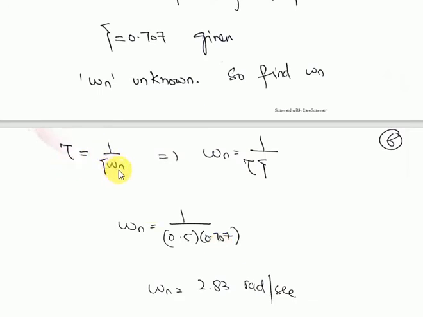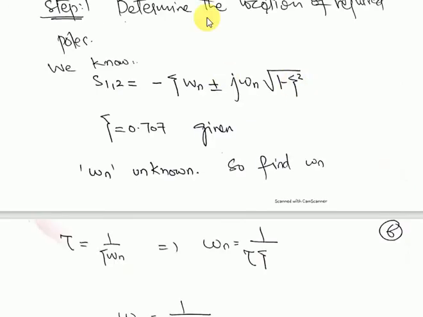This is also a formula from chapter number 4. And omega n is equal to 1 by tau into zeta. We have been given both zeta and tau values, so omega n is equal to 2.83 radians per second. Now we have omega as well as zeta, we can find the required location of poles.